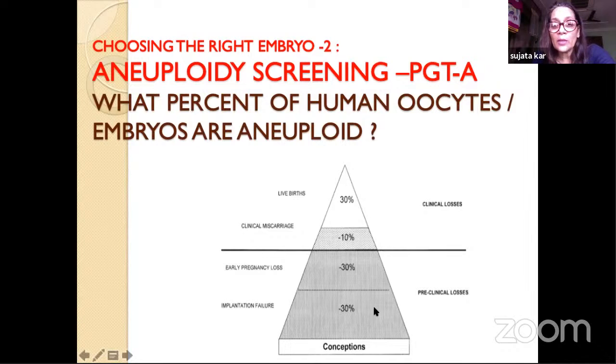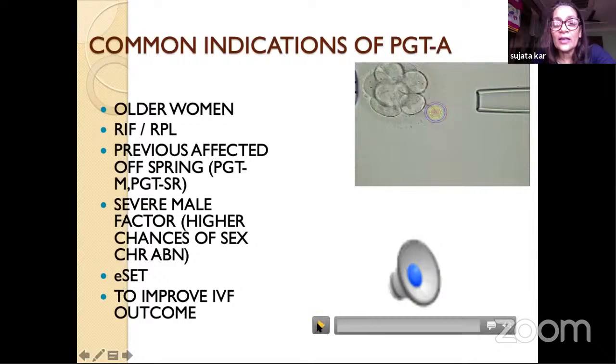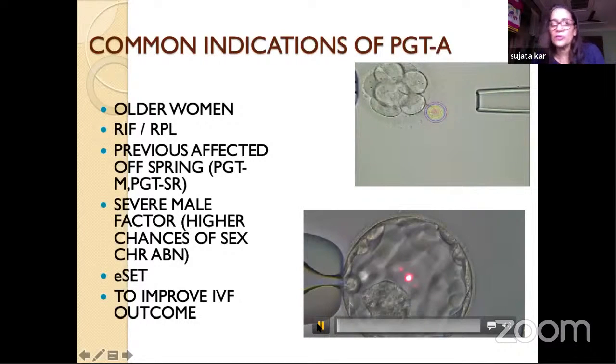We know that almost 60 to 70% of human embryos that are ever conceived do not see the light of day. Just about 30% of the embryos that are ever formed in nature become live births. So in any case, human reproduction is inherently extremely wasteful.